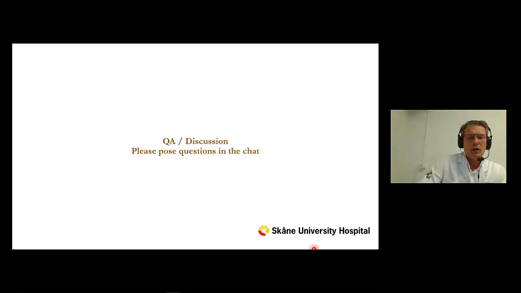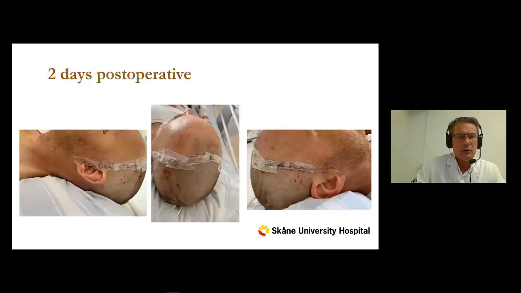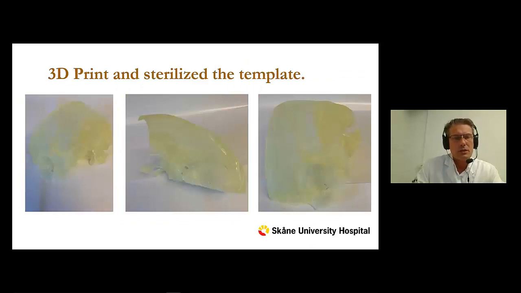Yes, I used this 3D printed model. It is sterilized, so I can use it directly on the patient in the OR. This is the mirrored healthy right side, mirrored over to the left side, so I can bend the plates directly on this skull. It's quite handy to do.